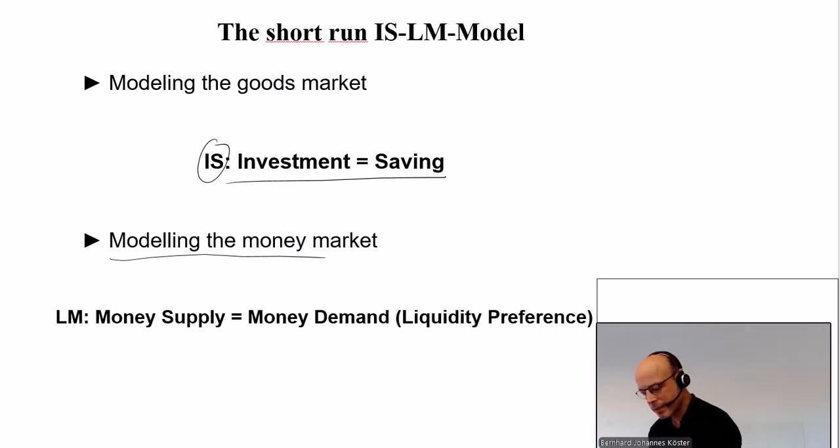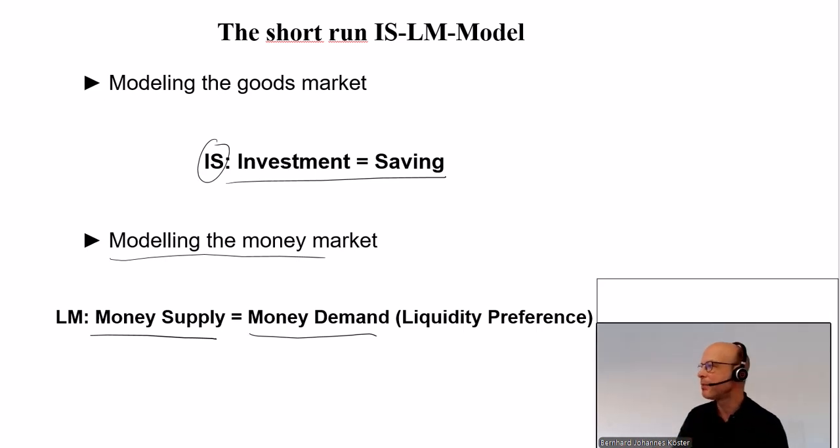We assume a money demand function, especially the Keynesian money demand function, depending on income and interest rate, and the money supply, which we quite easily model because we just say the money is provided by the central bank at a certain level.